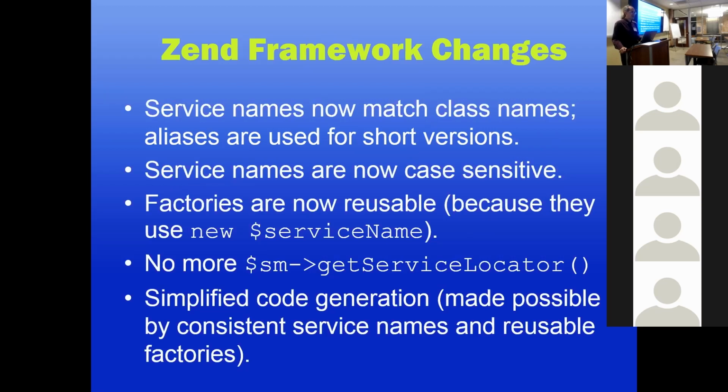So with that review and background out of the way, what changed? Well, one of the biggest things that changed is that until version 5, VuFind services were named in a more or less arbitrary way. A few of them, the names of the services matched the names of the classes that they provided by default.